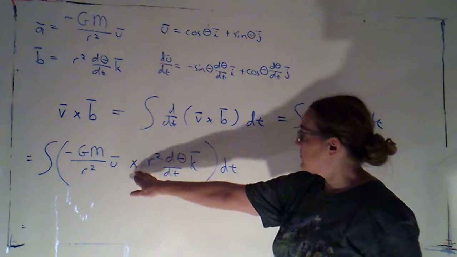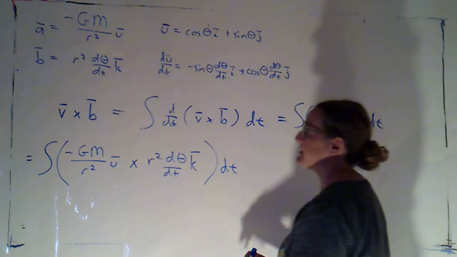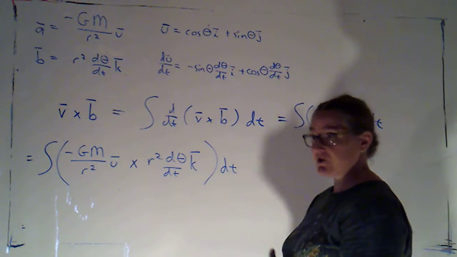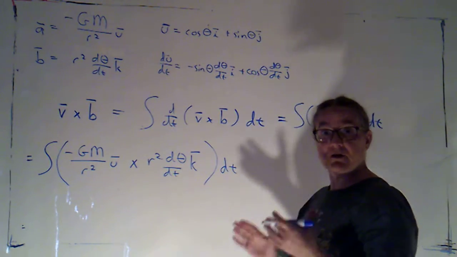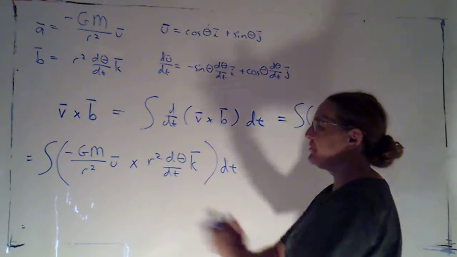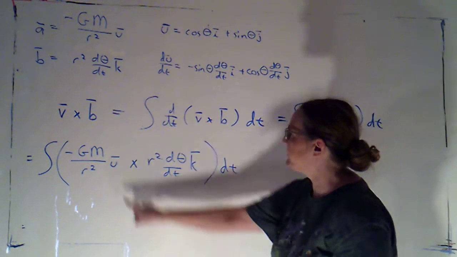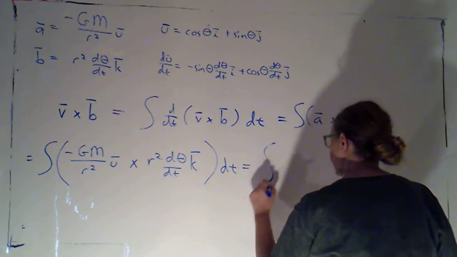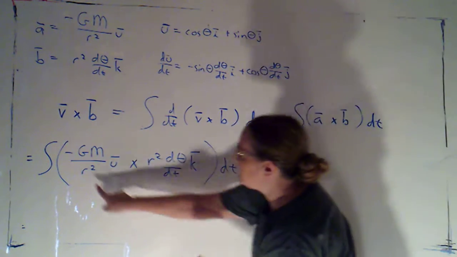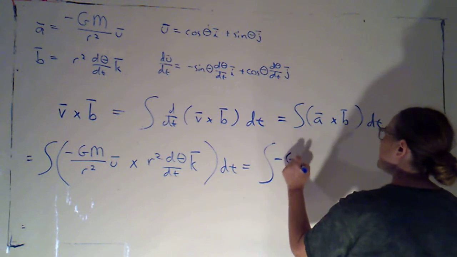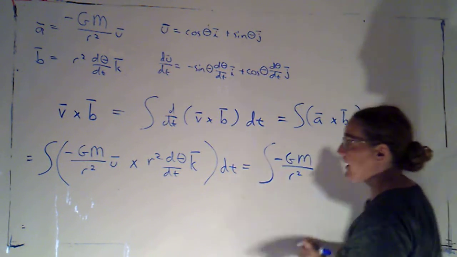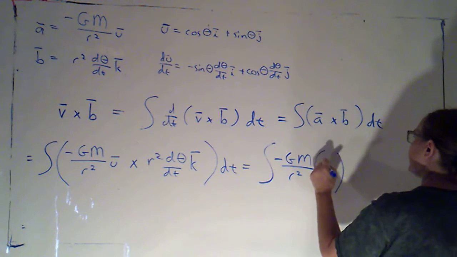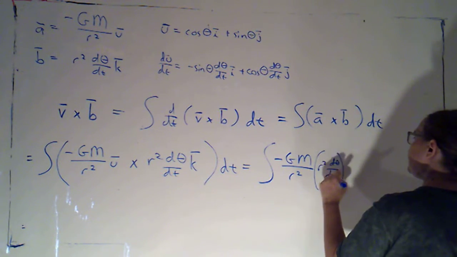Now notice this is a cross product where in both cases I've got a scalar in front of the vector that I'm crossing. So I can use the property again that I can pull those scalars in front and then just work out the cross product u crossed with k. So we're going to have the integral of this scalar here was negative gm over r squared times this scalar here was r squared d theta by dt.